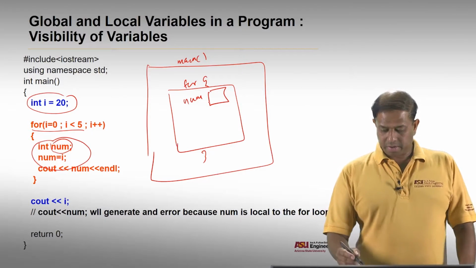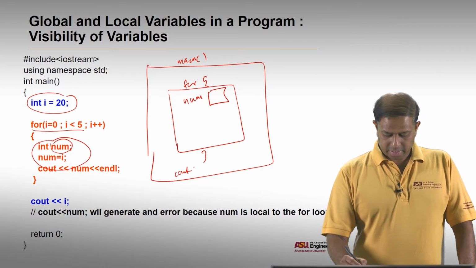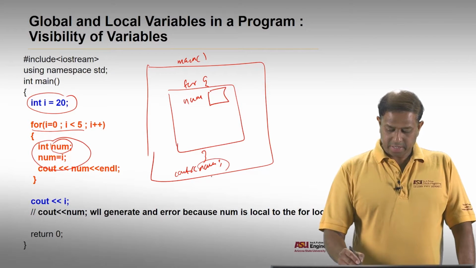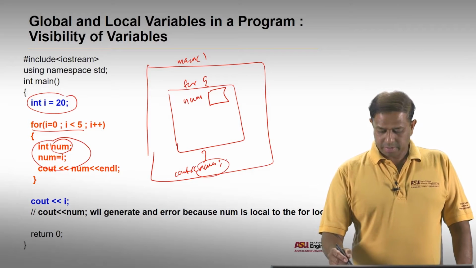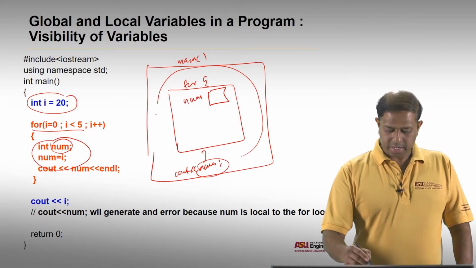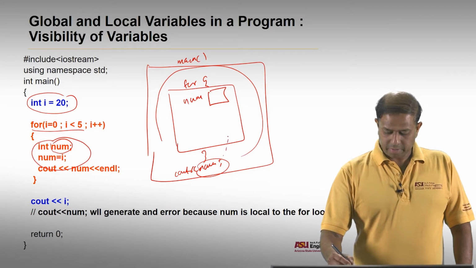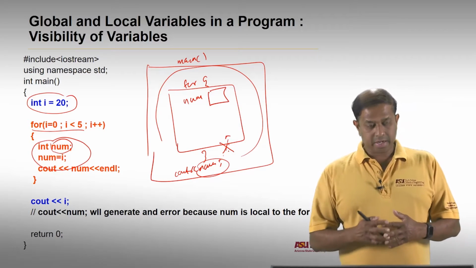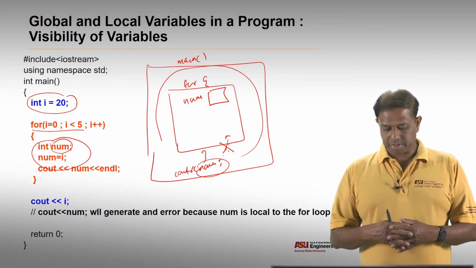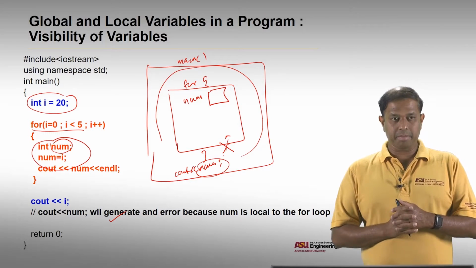Now outside of the for loop, if I were to display cout num, that is essentially asking the main method to display the value of num. So now num is not available inside the main method, so it really cannot go inside the for loop because it's a separate block of code, right? So that communication is not going to happen. So it's going to throw an error saying it doesn't know what the variable num is, right?